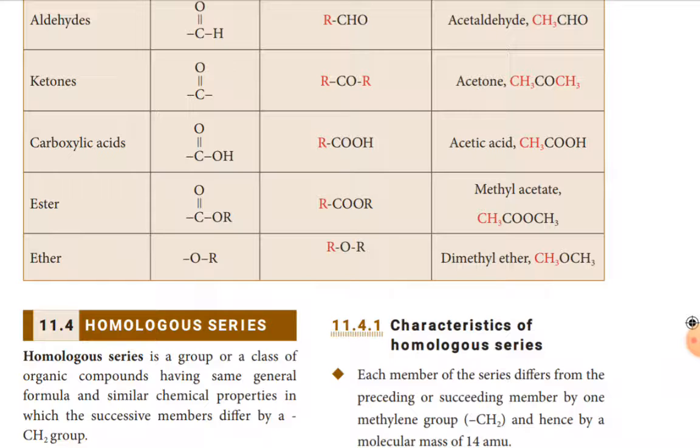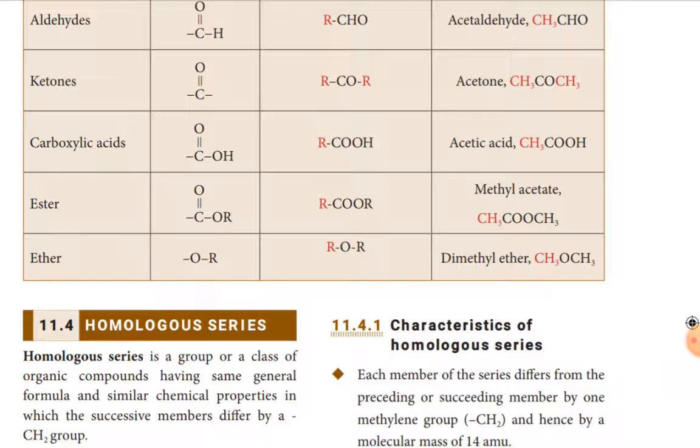Then ester, functional group COOR. And here the alkyl group is methyl, that is methyl acetate. Instead of methyl, if you give C2H5, that is ethyl acetate, or propyl. So R may be ethyl, methyl or propyl, any one of the alkyl groups.